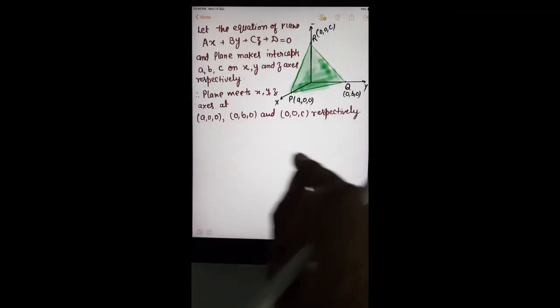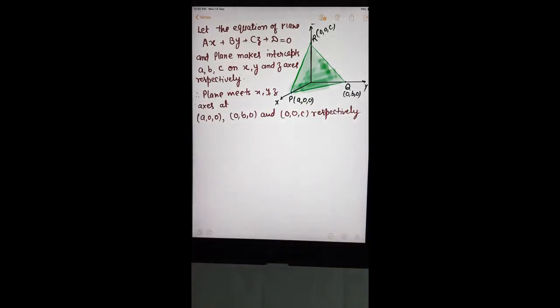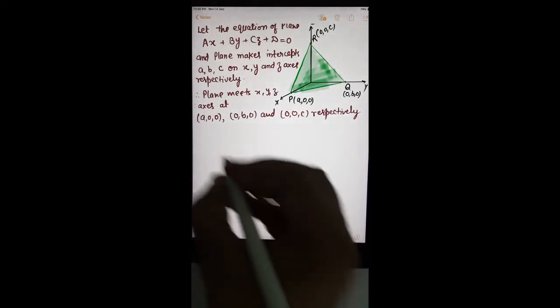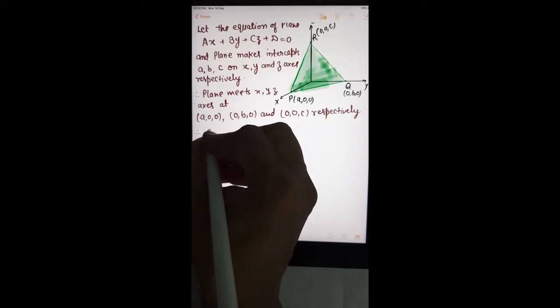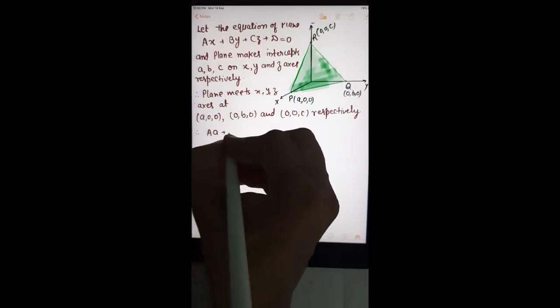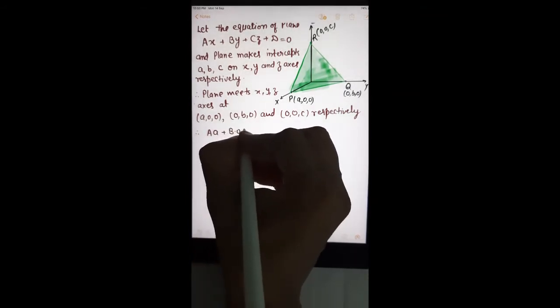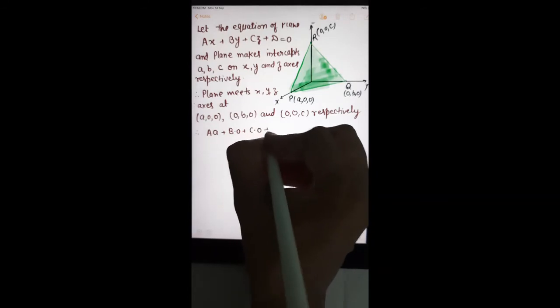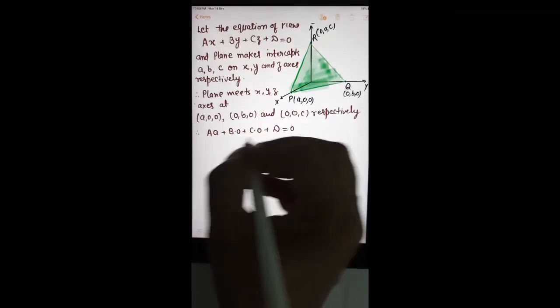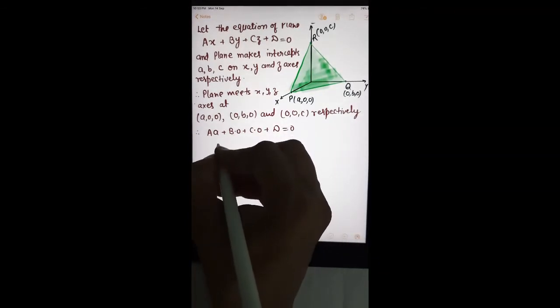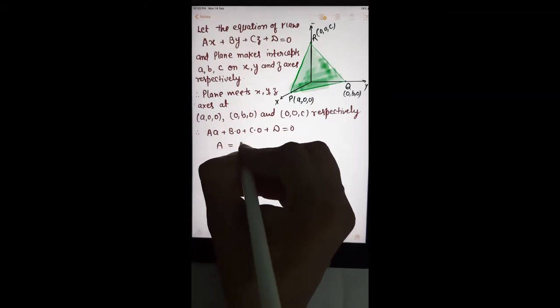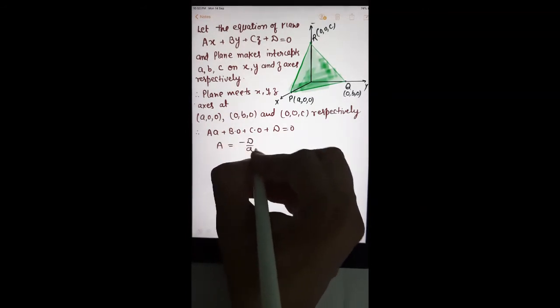Now it means these points satisfy the equation of plane. Therefore a into a plus b into 0 plus c into 0 plus d equals to 0. It means the value of capital A is minus d upon a.